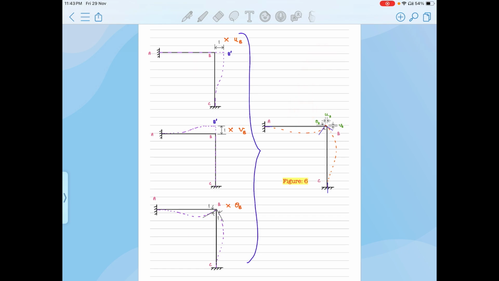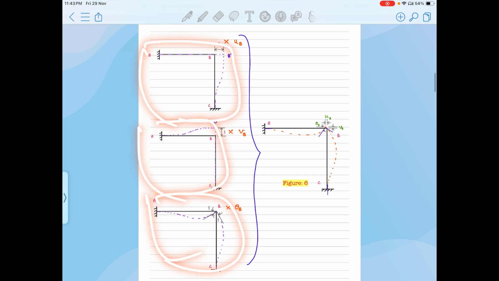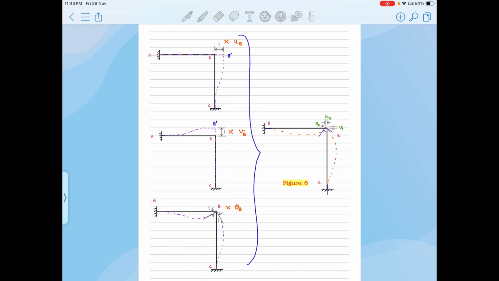But for the correct values of UB, VB, and theta B, it will pertain to the actual displaced profile. That means we use these three cases, okay, and we scale up appropriately. When we do that, for the correct values of UB, VB, and theta B, it should pertain to the displaced profile, right? That's the overall logic.